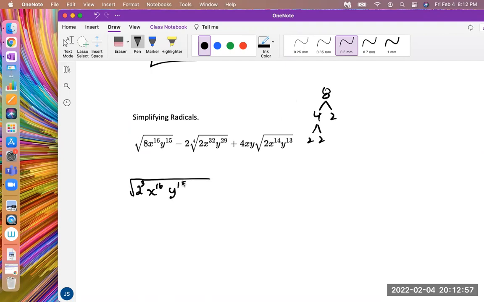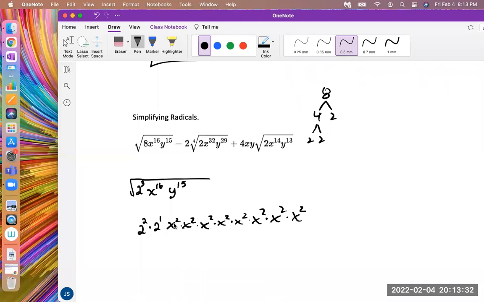So let me just simplify this first one for you. Okay, so x to the 16th, it's actually x squared times x squared times x squared times x squared times x squared, 1, 2, 3, 4, 5, 6, 7, 8 times, right?